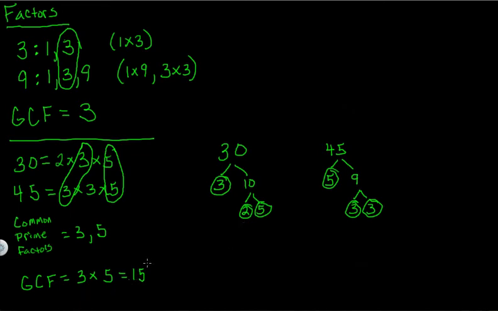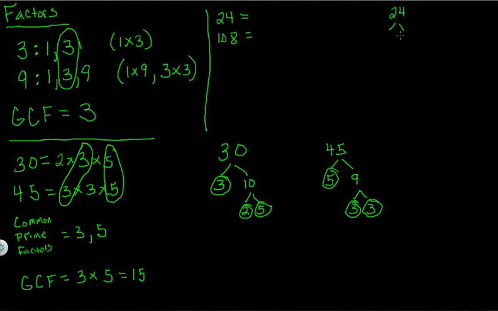All right. Another example, let's say we want to find the greatest common factor between 24 and 108. So the first step is to find the prime factorization by using a factor tree. So we can do a factor tree for 24.